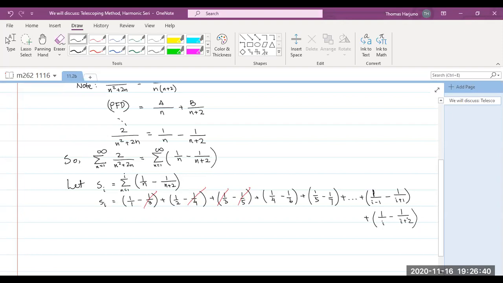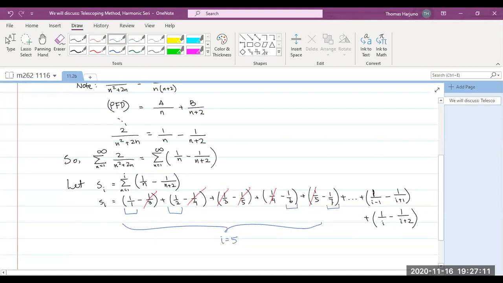Notice that if I go up to the fifth term, this cancels, okay? So I always have nothing that cancels this, and up to I equals 5, I get I plus 1, I plus 2.